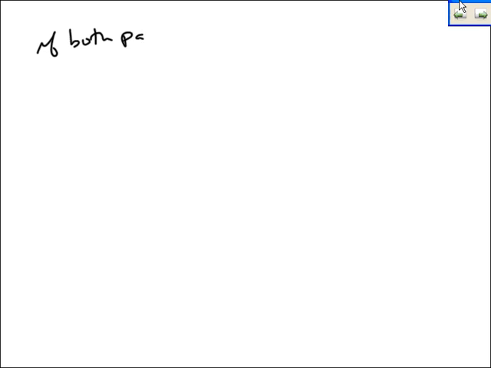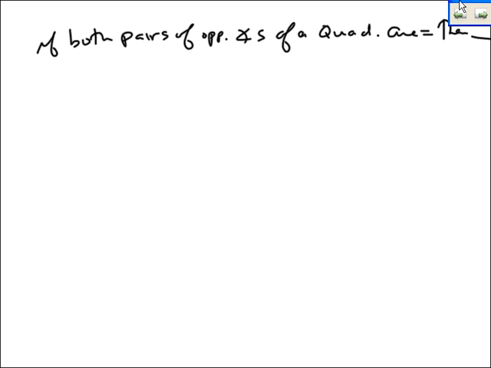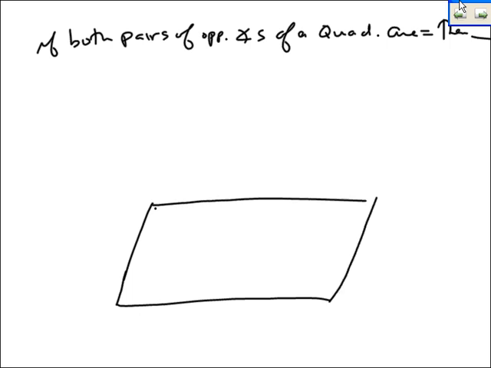If both pairs of opposite angles of a quad, this is how I'll write quadrilateral, quad, are equal, then the quadrilateral is a parallelogram. In other words, there is no way out of it. There is absolutely no way out of this.